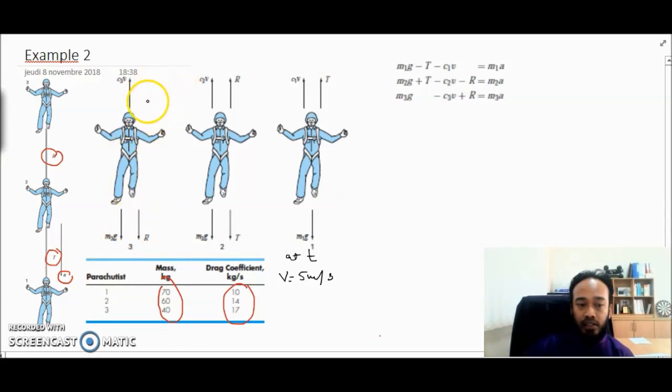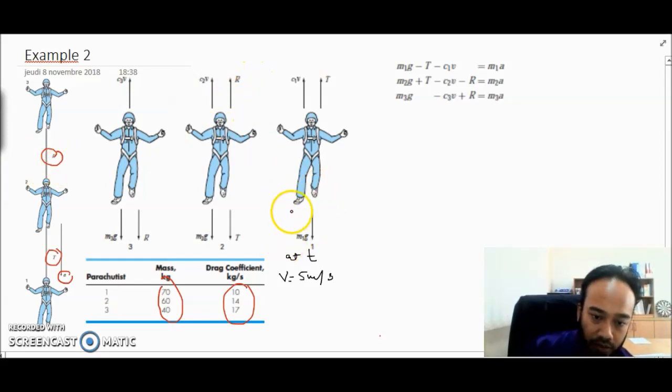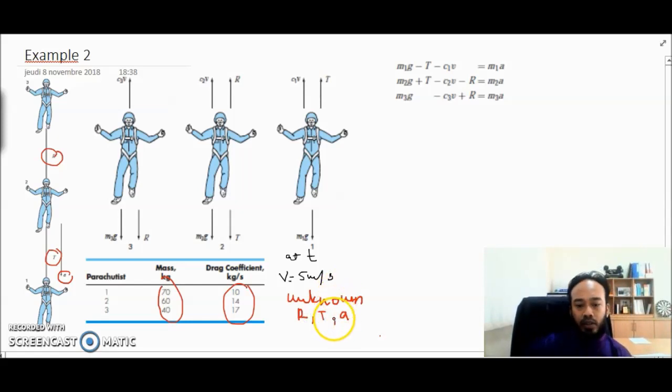That means these three parameters R, T, and A are the unknowns. So let's write the unknowns here: the tension R, the tension T, and the acceleration A. In order to find the three unknowns, we need a system of three equations.